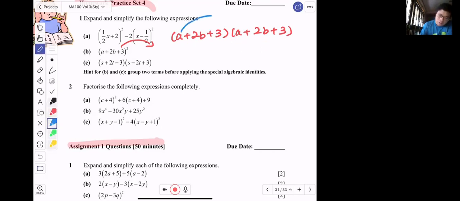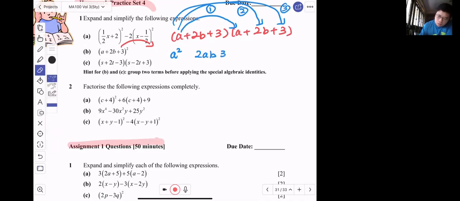So arrow 1, we have A squared. Arrow 2, I have 2AB. Arrow 3, I have 3A.